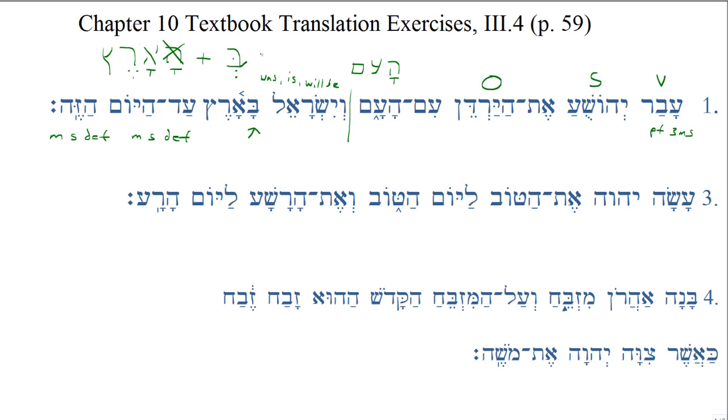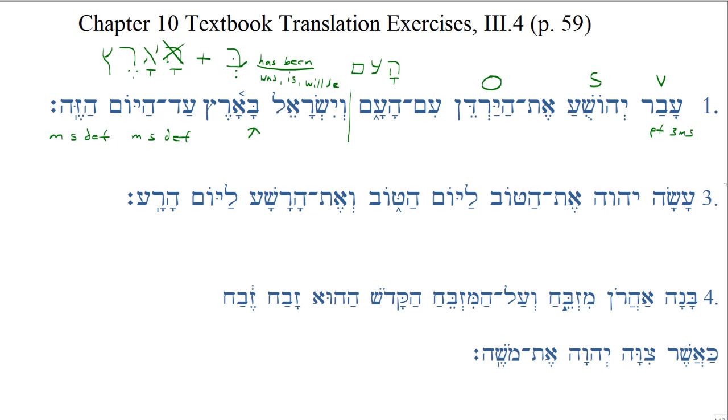Probably our best choice of a to be verb would be has been. And Israel has been in the land until this day. Let's look at the whole verse here. Joshua passed over the Jordan with the people, and Israel has been in the land until this day. That's number 1.